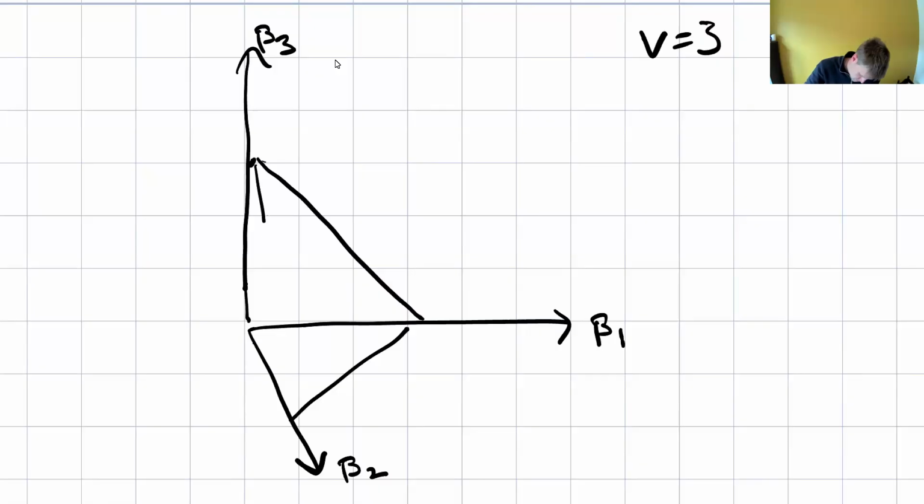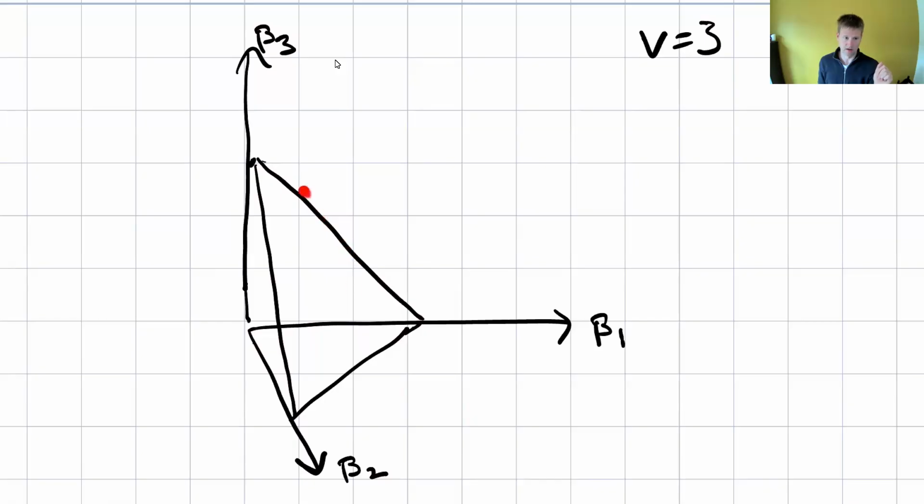All right, so I know that I have to restrict beta 1, beta 2, and beta 3 to be probability vectors, which basically means it has to lie in this triangle inside the three-dimensional reals. Sometimes this thing is called the simplex.